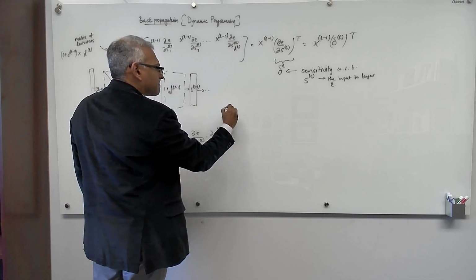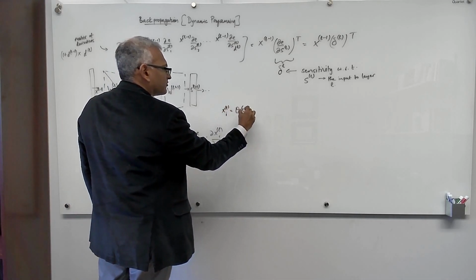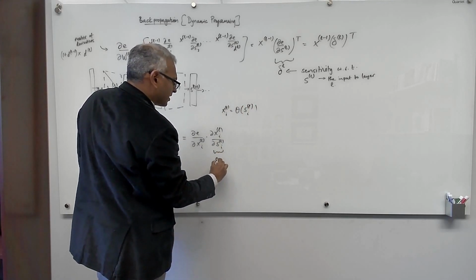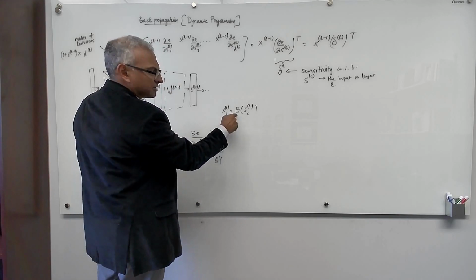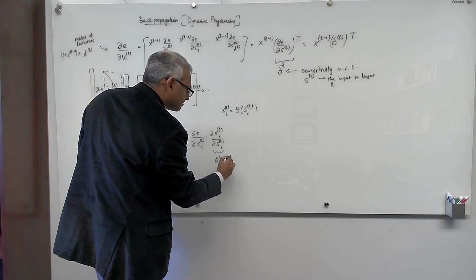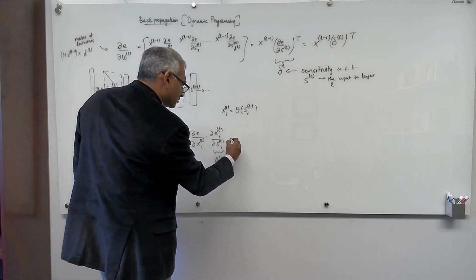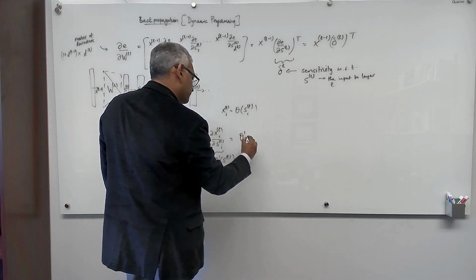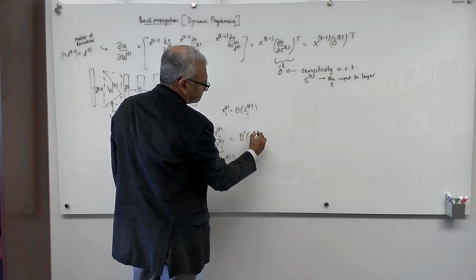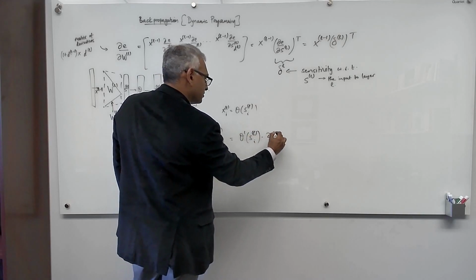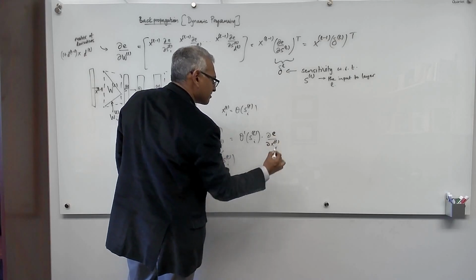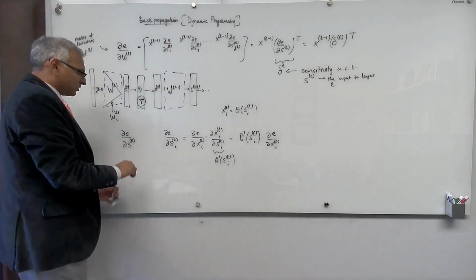But XLI is just theta of SLI. So this derivative is just theta prime, the derivative of this transform, evaluated at SLI. So this is equal to theta prime of SLI times the derivative of E with respect to XLI.